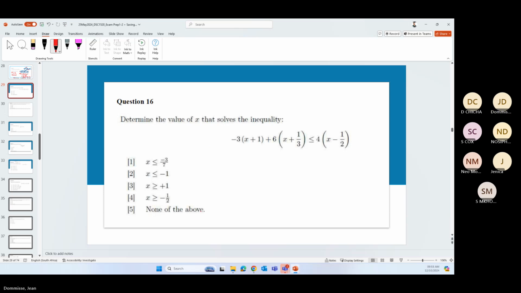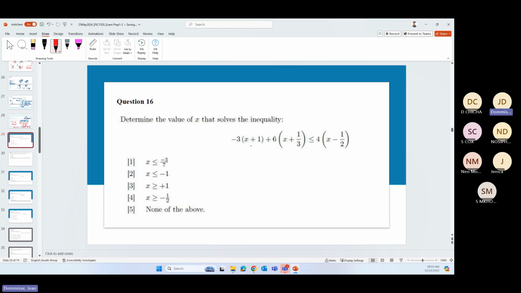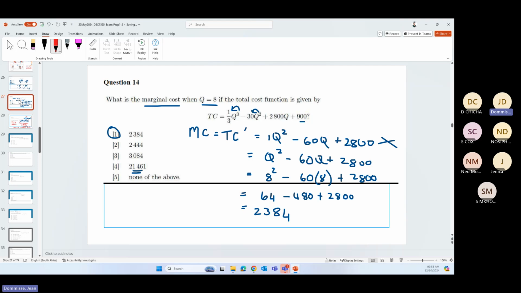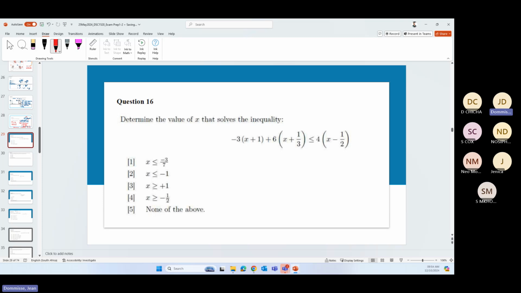Okay, so then suddenly you get this inequality again. This was from last year, I think it was paper-based. Again, you can see we get marginal cost, then there's another differentiation, and now suddenly back to an inequality, a work that is not really covered in your study guide, but in that last part of the study guide.